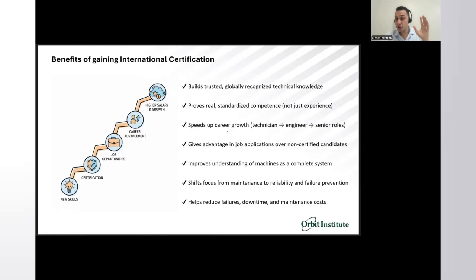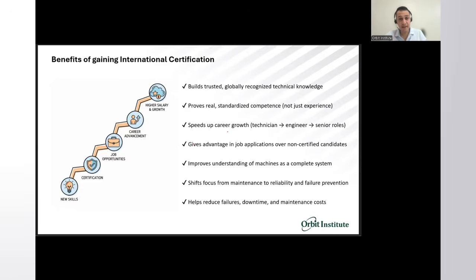It helps you grow in your career faster, and you can move from a technician position to maybe an engineering position, from engineer to some senior role, and so on. It proves that you have a clear and structured understanding of the topic you are certified in, and it shows commitment and reduces the training time of the employees.